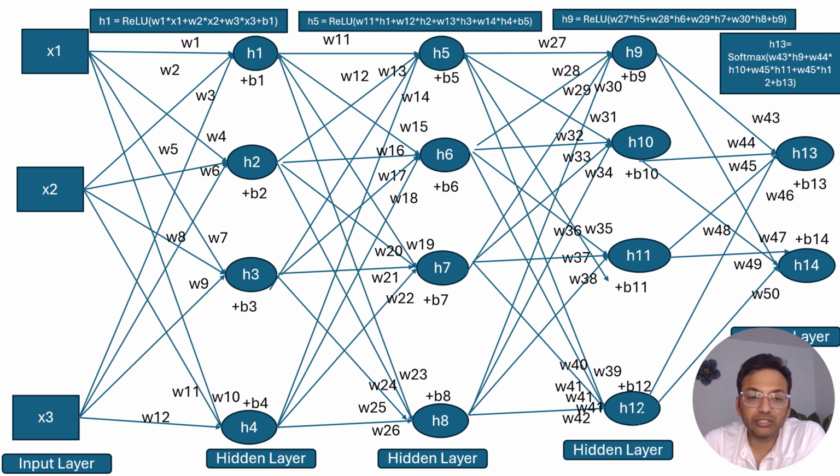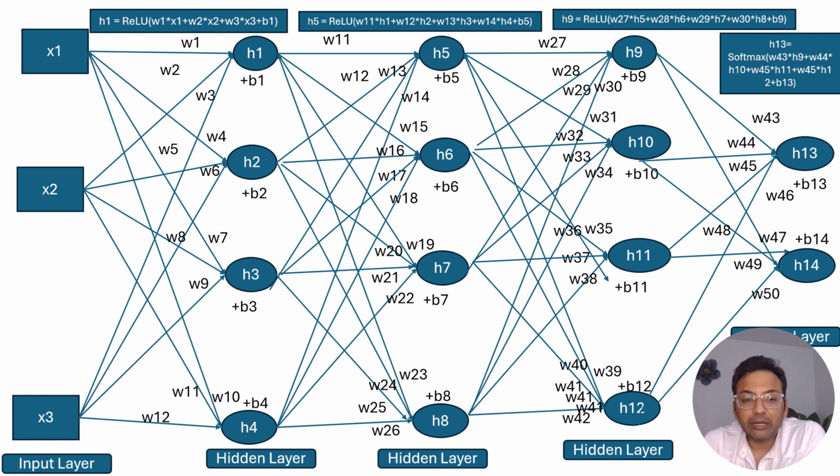If you look, all inputs x1, x2, x3 are connected to each of these hidden layer nodes H1, H2, H3, H4. X1 is connected to all four, X2 is also connected, and X3. At each connection, there is a weight, W1, W2, W3, and so on.